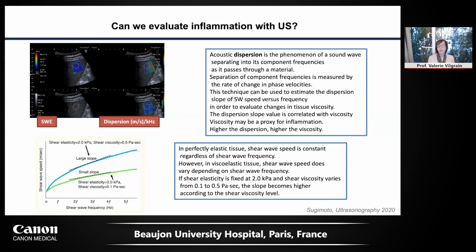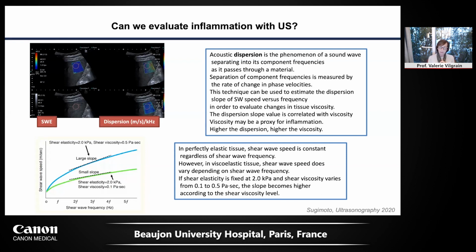And this is the technique that has been used to estimate the dispersion slope of the speed versus frequency in order to evaluate changes in tissue viscosity. So the dispersion slope value is correlated with viscosity, and we think that viscosity could be a proxy for liver inflammation. Again, the higher the dispersion, the higher the viscosity.